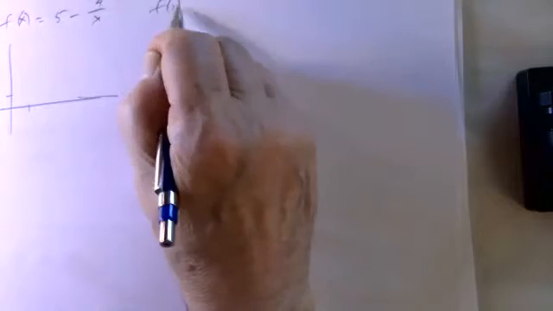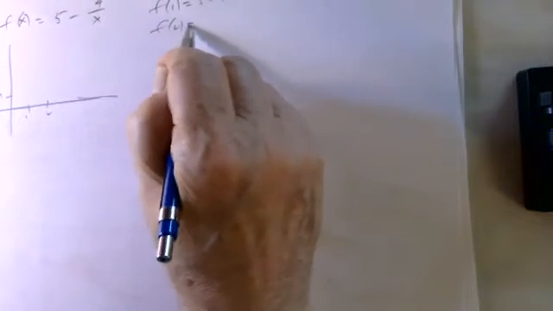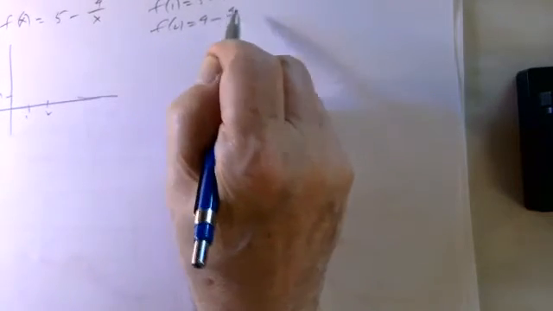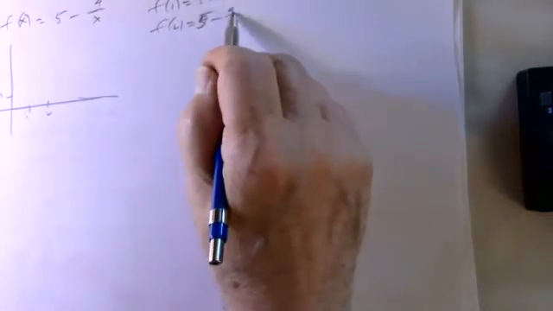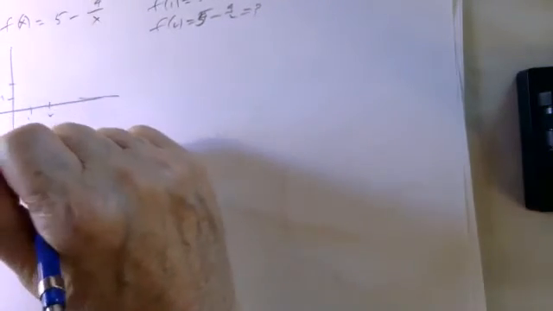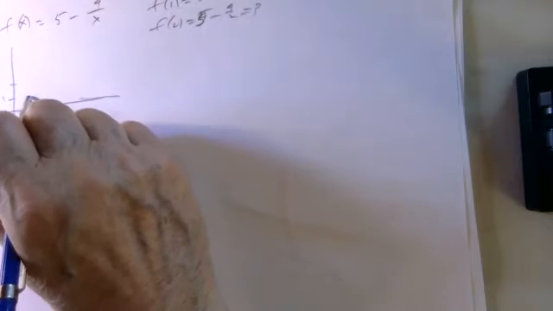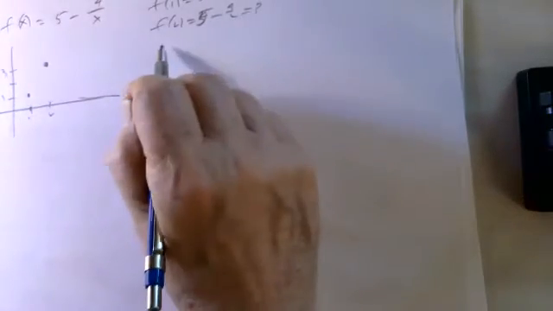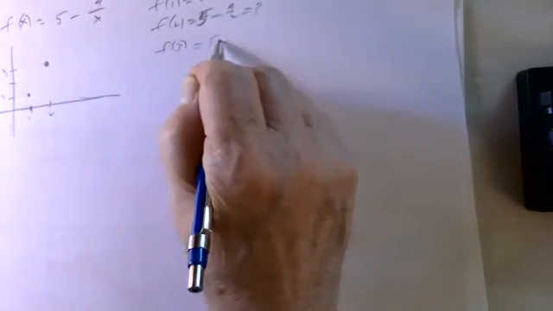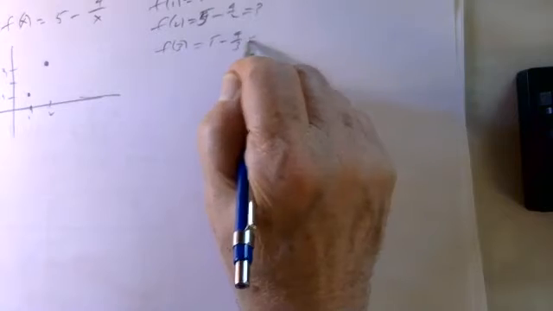When x is 1, you get 5 minus 4, which is 1. When x is 2, you get 5 minus 4 over 2, which is 3. So f of 1 is 1. f of 2 is 3. f of 3 is 5 minus 4/3.